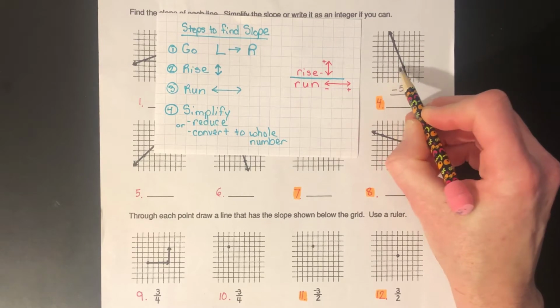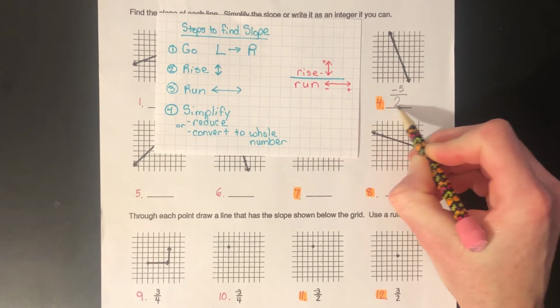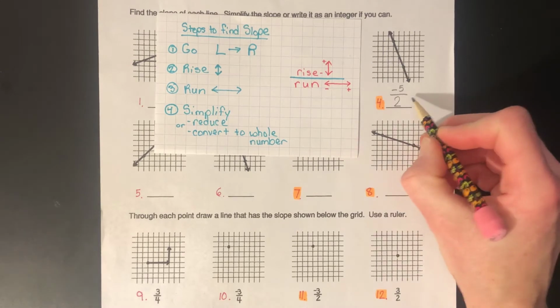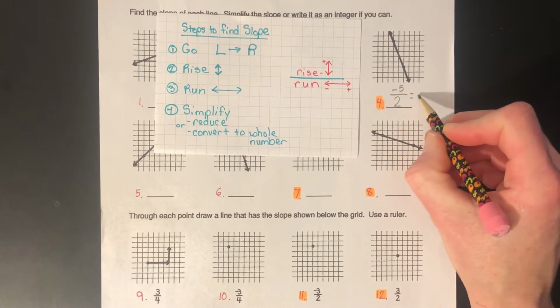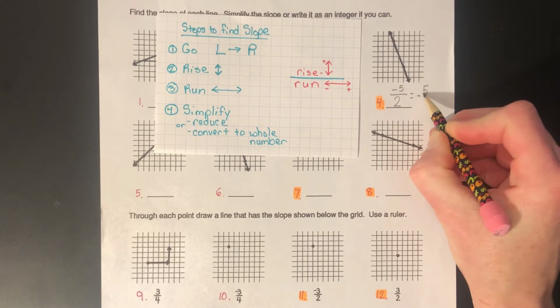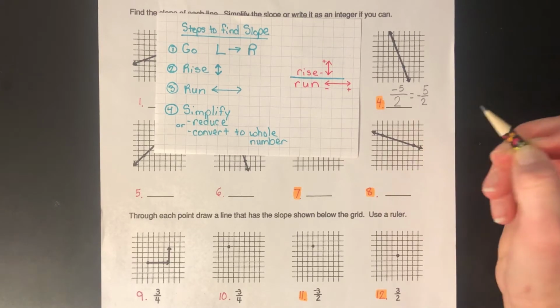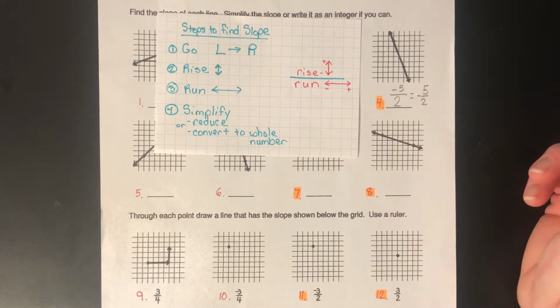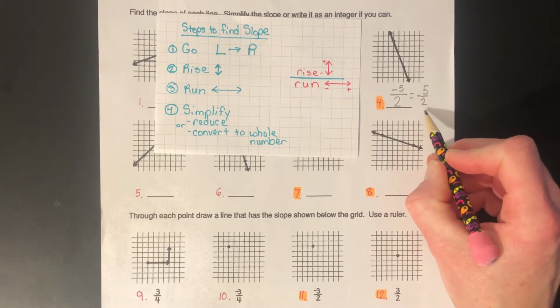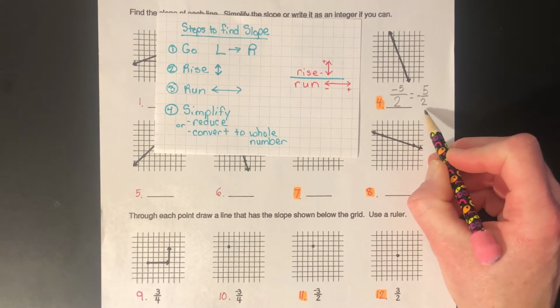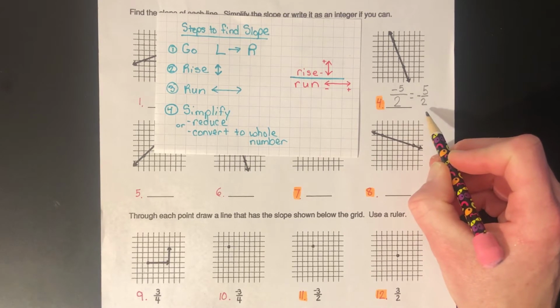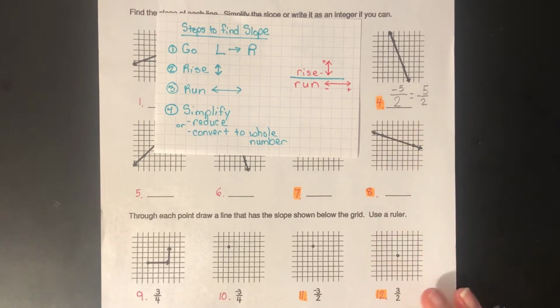And you go over 1, 2. So it's negative 5 over 2, which simplifies as negative 5 halves. And as I've told you before, you do not convert it to a mixed number, not with slope. It's the only thing I know of where you don't convert them.